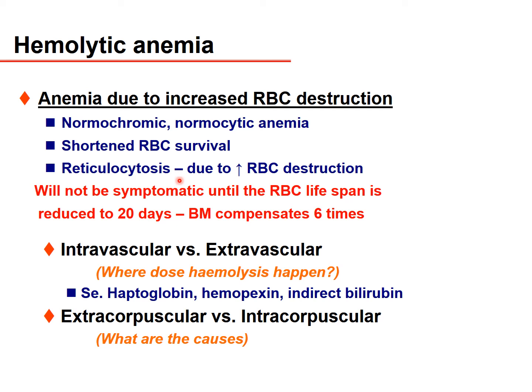So we have reticulocytosis. Now, a very, very important one: the destruction of the red blood cells usually won't be manifested unless the lifespan of the red blood cells is reduced to 20 days. So the bone marrow can increase the production rate about 6 times.